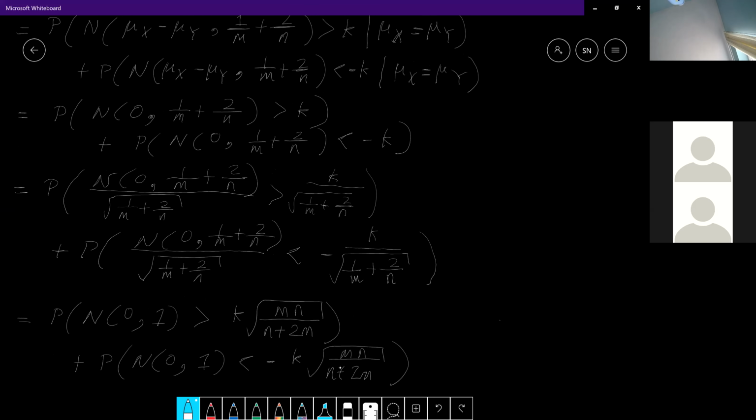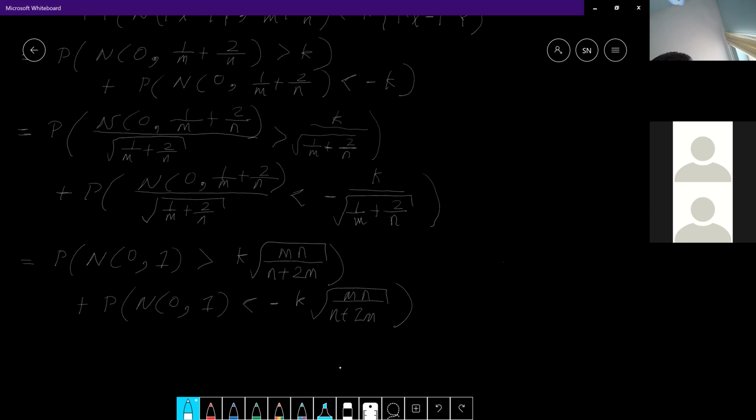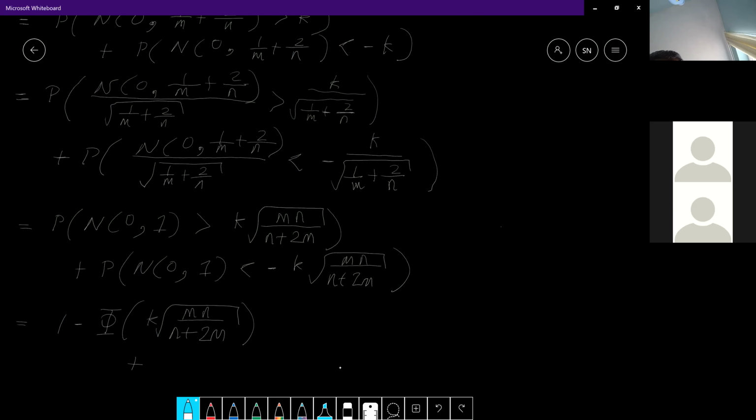Okay, guys. And finally you can write this as 1 minus phi. Phi is the CDF of the standard normal variable. So this would be 1 minus phi of that, and plus phi at minus that.